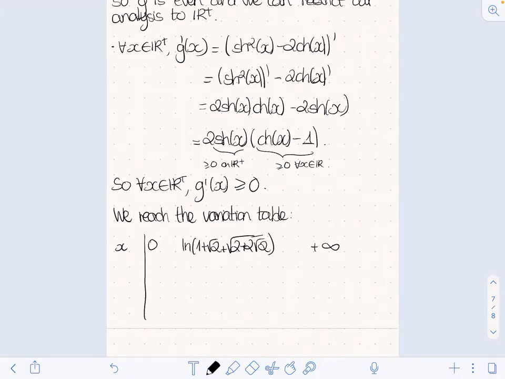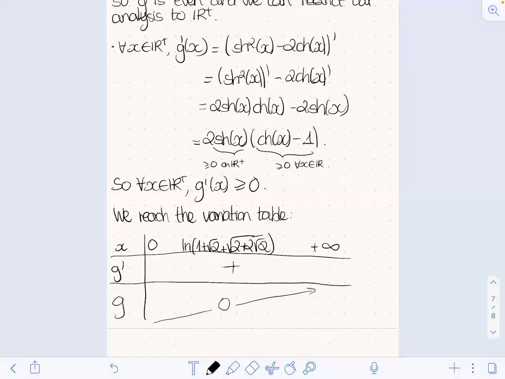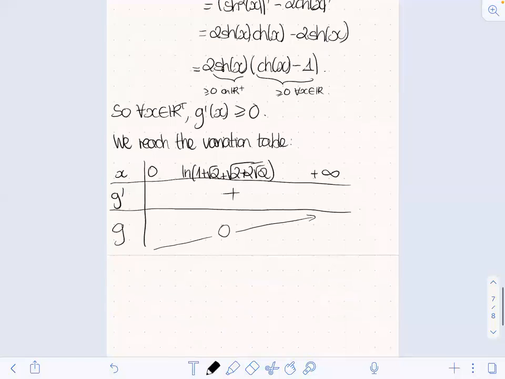We know that g prime is positive on the whole of R plus. So it remains to just give some behavior for g. We've already got 2 things. We know that the function's increasing and it's equal to 0 at the point that's given from question 1. And we could perhaps specify some values for the function.